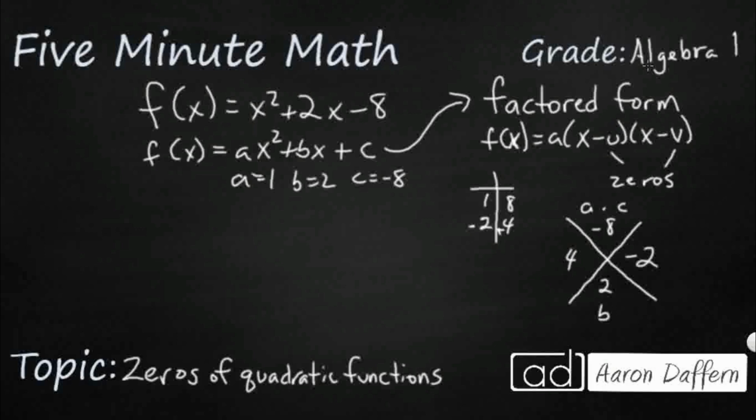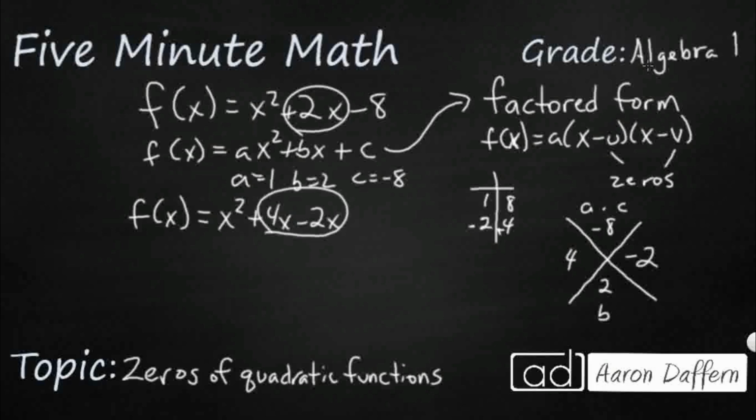So now I'm going to rewrite the original quadratic function, and instead of that +2x, I'm going to replace this with +4x minus 2x. So this replaces that plus 2x, and then I've got the 4x minus 2x, still the same thing. But now I'm going to factor these right here.